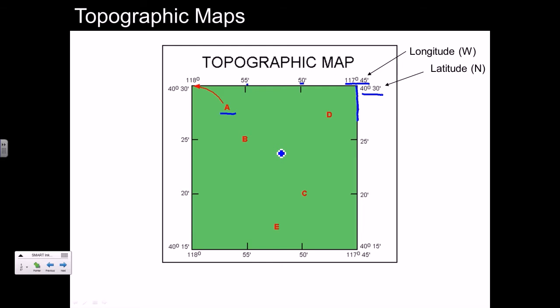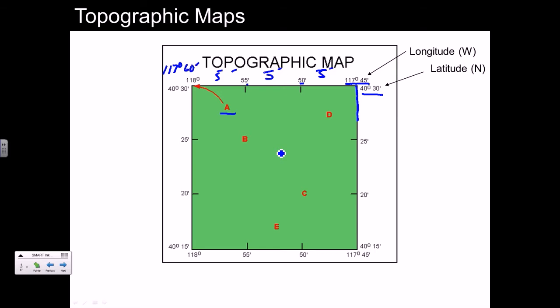So there's 1, 2, 3. So this is 5 plus another 5 plus another 5. Okay? 3 times 5 is 15. If we add 15 to 45, we get 60. Right? So actually this could be 117 degrees and 60 minutes.